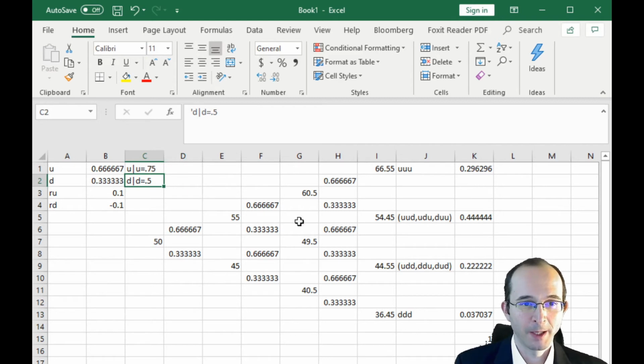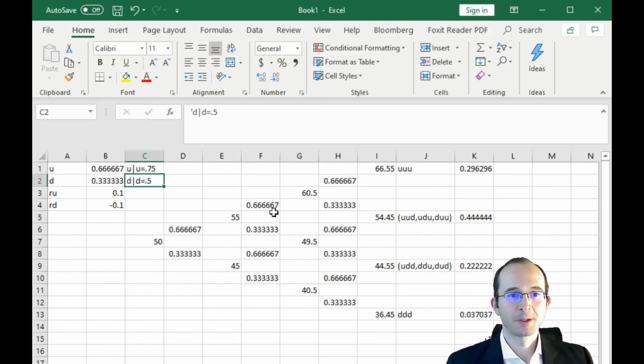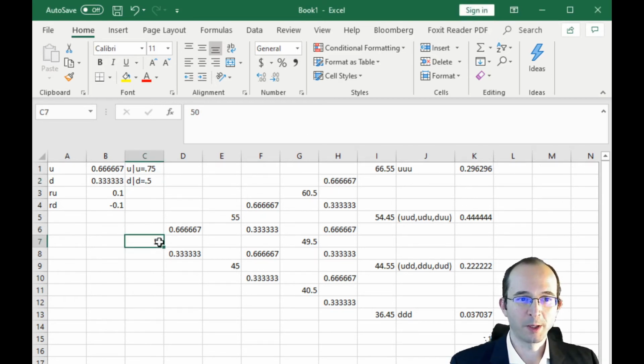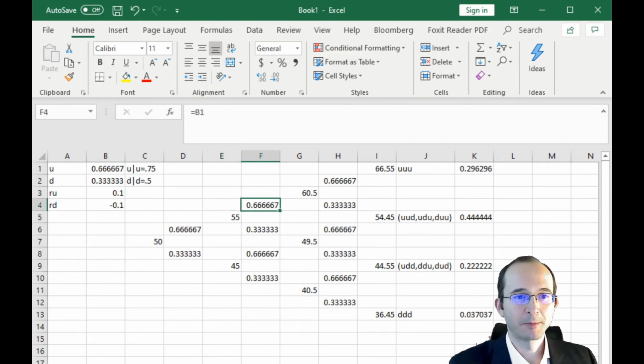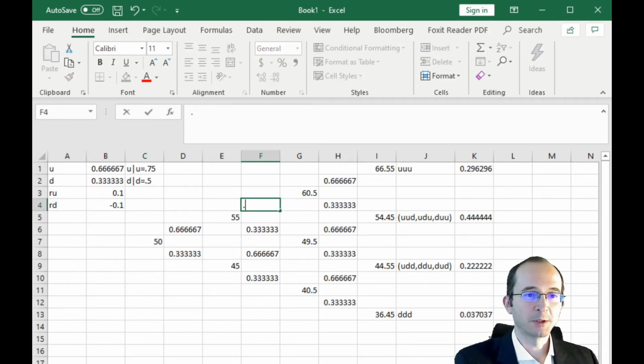Now, how does this change our tree? Well, on the outskirts of it, so to speak, in the most extreme branches, it's pretty straightforward. In other words, if we went up from 50 to 55, now the next probability of us going up is, instead of being 66%, going to be 75%.